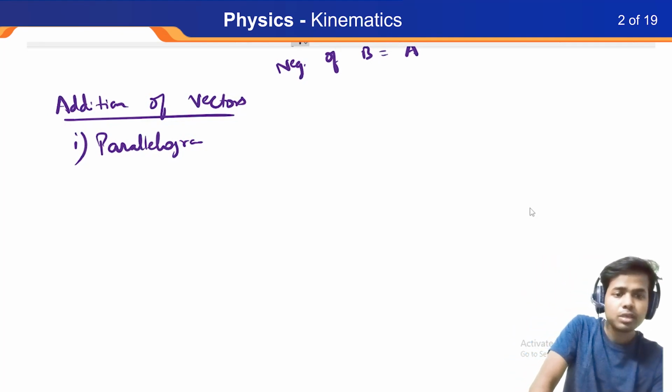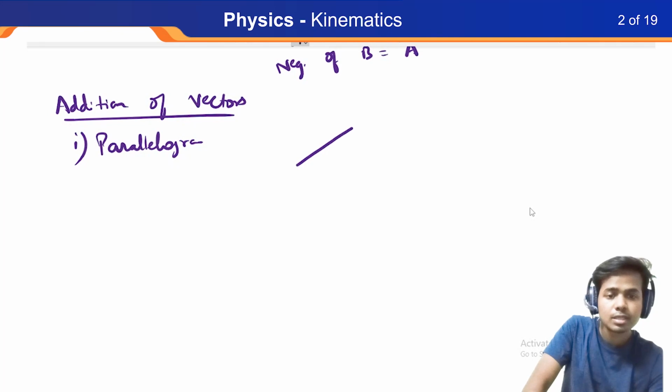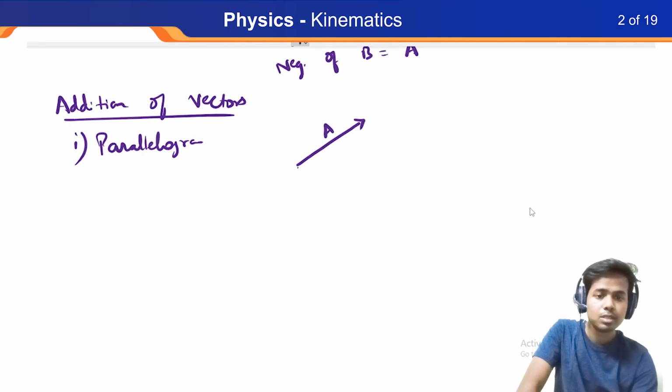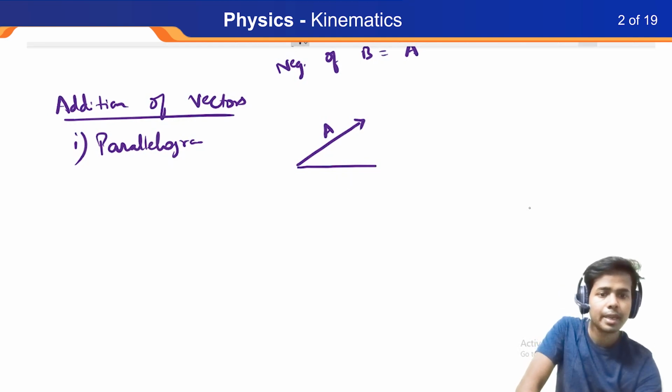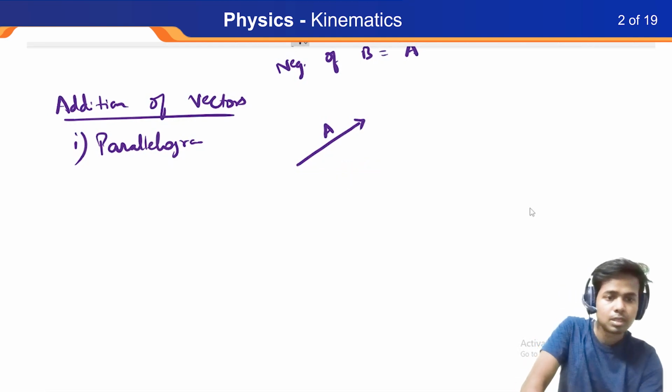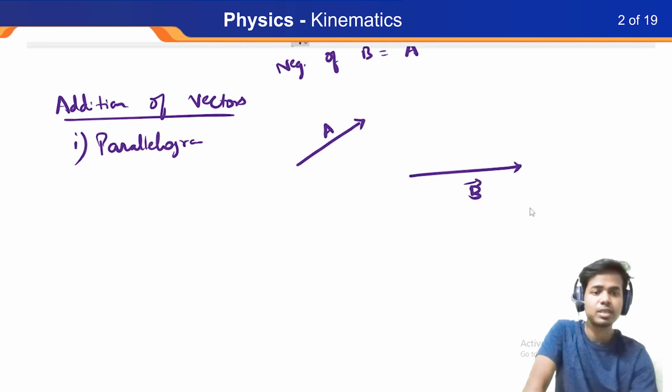Now, coming back to the graphical representation of vectors, let's say there is this vector A and there is this vector B. Or maybe we can take the other vector somewhere else so that it's a generalized example.